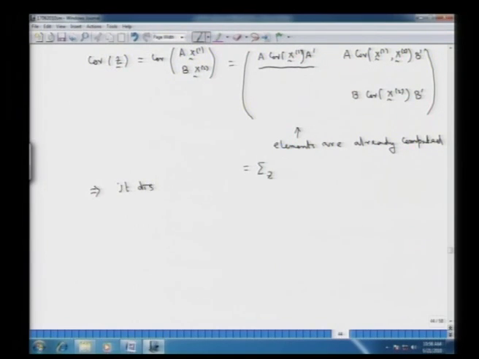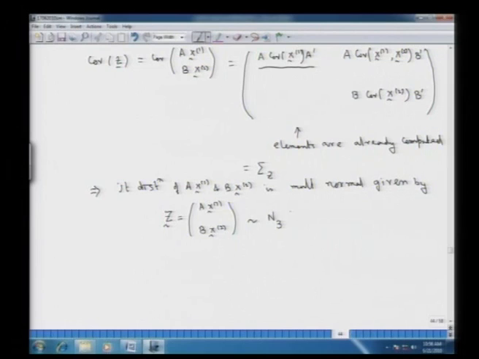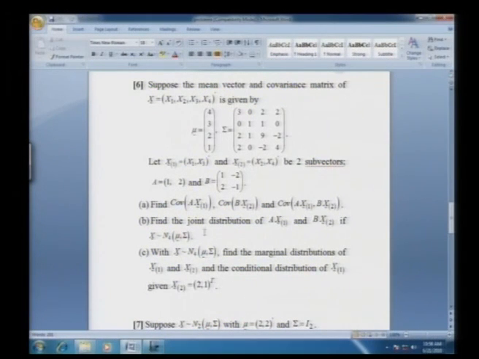This would imply that the joint distribution of Ax1 and Bx2 is multivariate normal, given by this z vector, which is the Ax1 subvector and Bx2 subvector, that follows a multivariate normal 3-dimensional with mu z as its mean vector and sigma z as its covariance matrix, which is the desired joint distribution as was required in this particular problem out here, right.